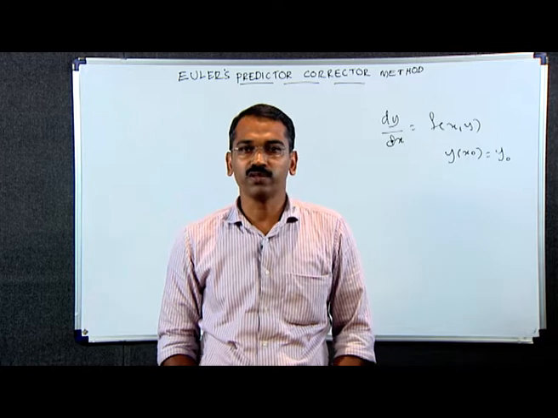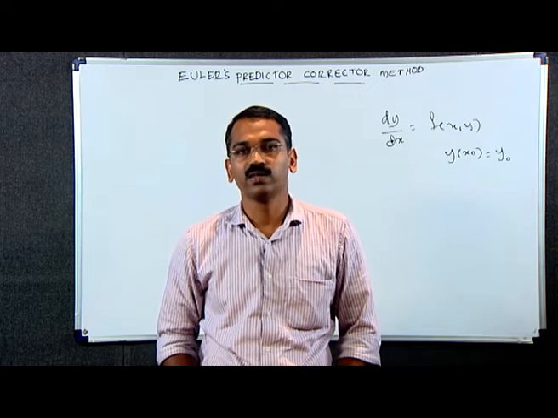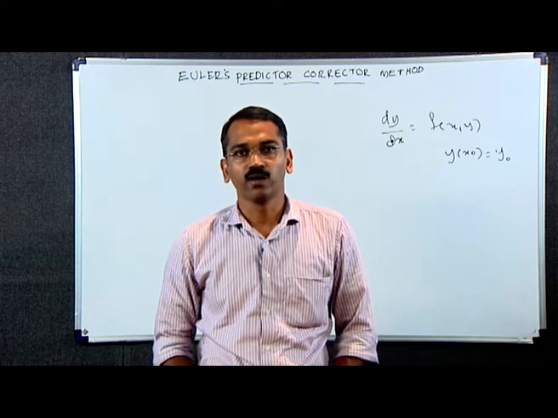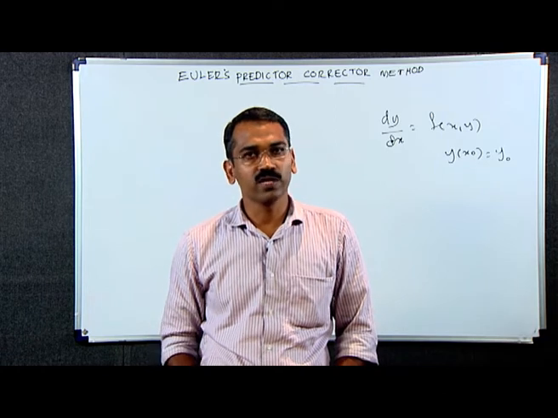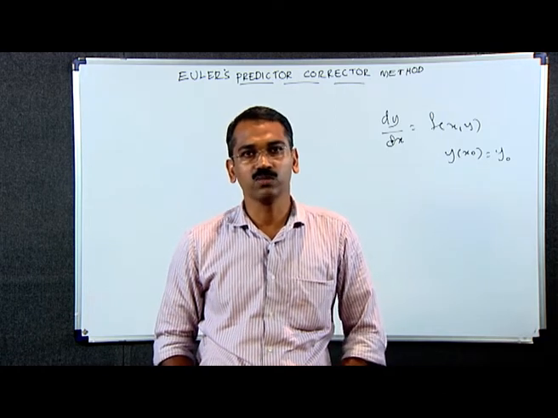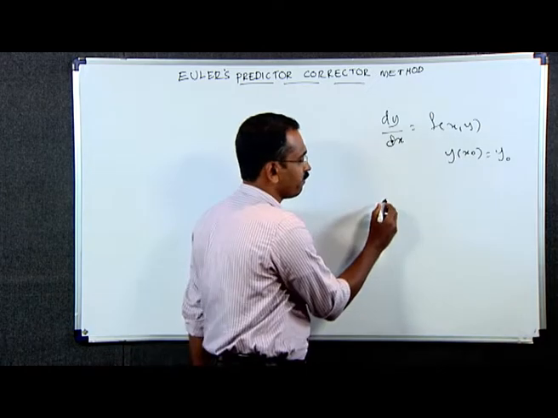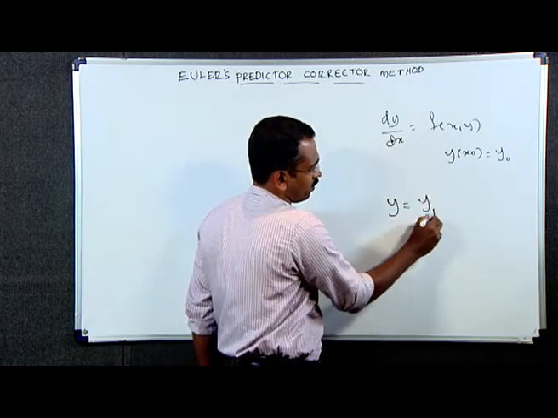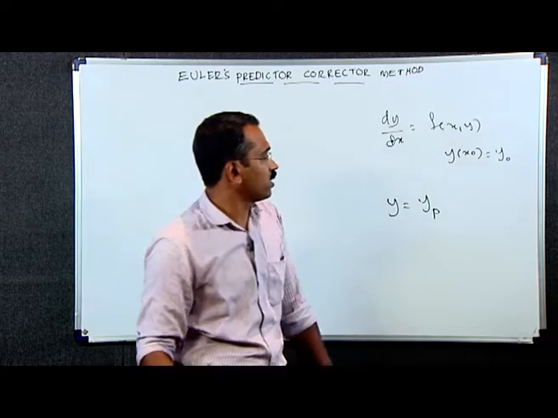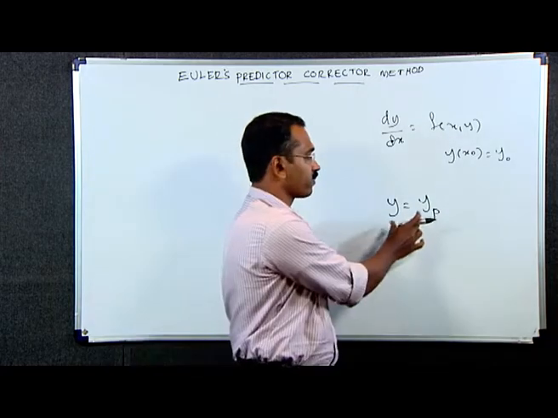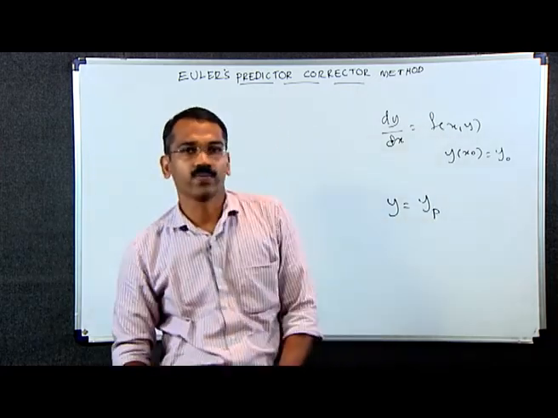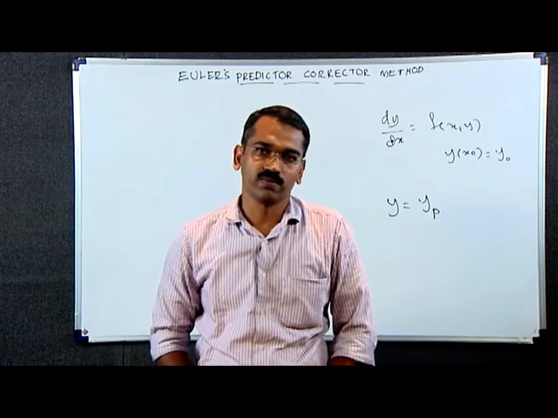Using the first of these formulae called predictor formula, we predict, that is, we compute a crude approximation for the value of y, say yp. We denote the crude approximation of y by yp at the required point.